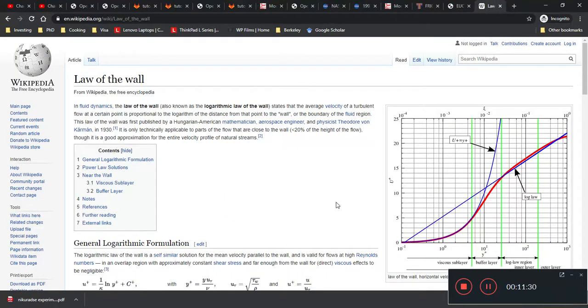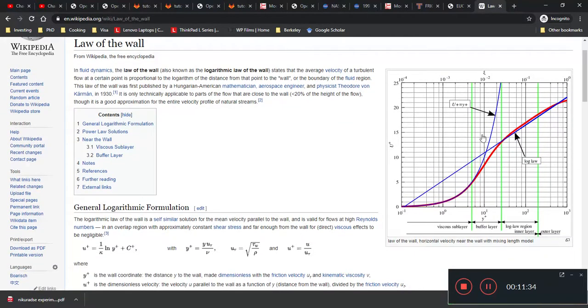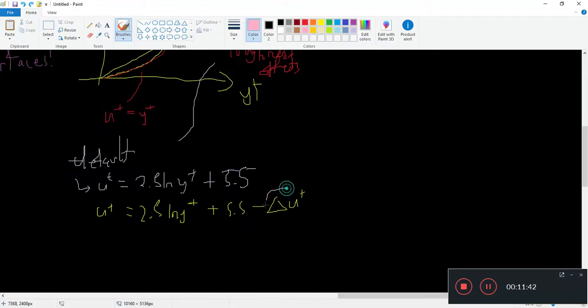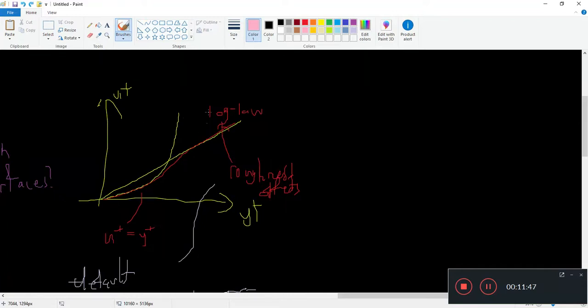It won't look linear on this chart. Okay, but the effect is that you shift this curve up and down by adding or subtracting this U plus factor. Remember, this is a log scale, log plot. Okay, so that's why it looks a bit funny.